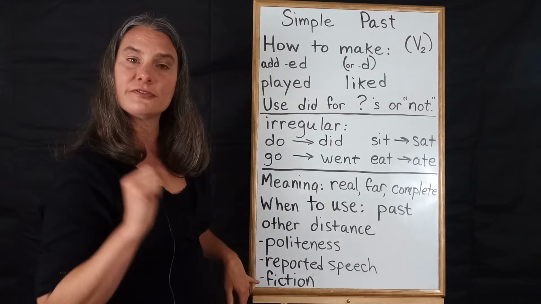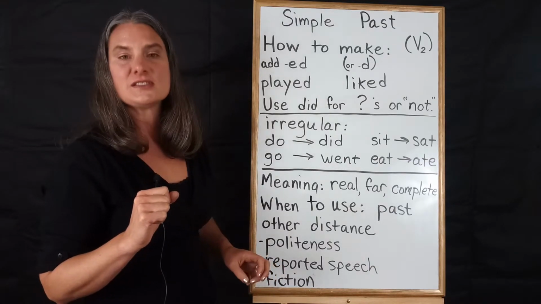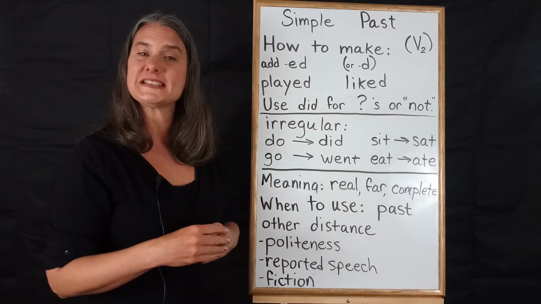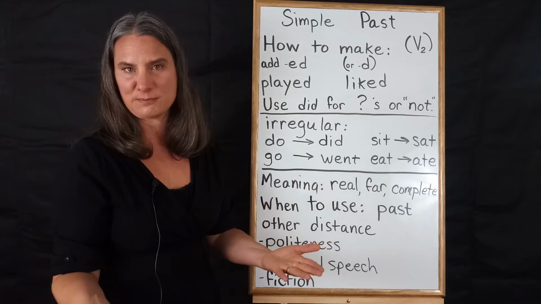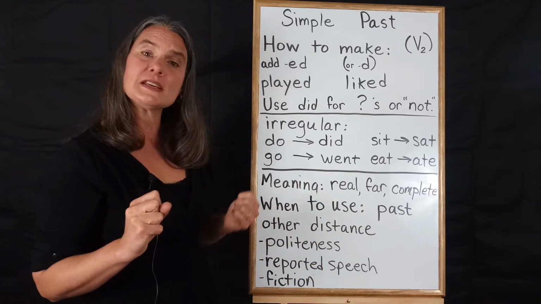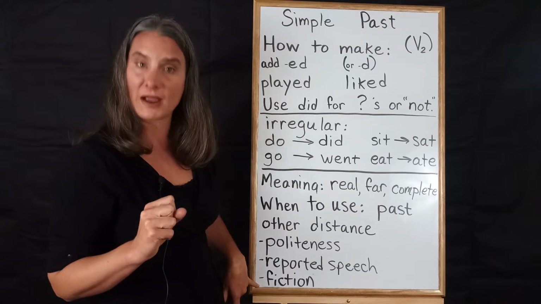This is also very, very common in fiction writing. So if I write a story, most stories are written in simple past, or most of the verbs are simple past in most stories. So this is the most common type of verb in fiction writing.